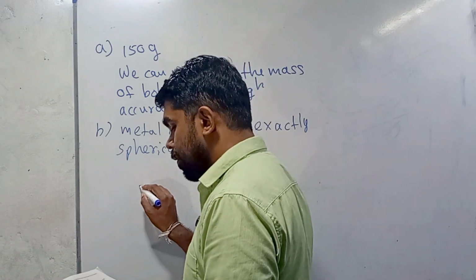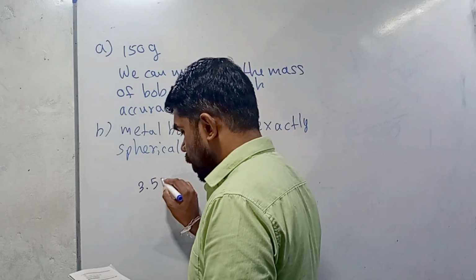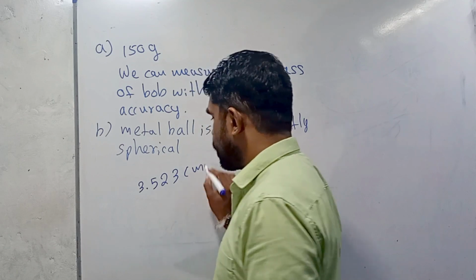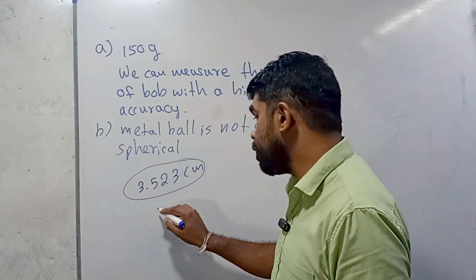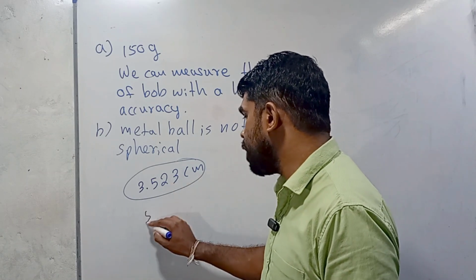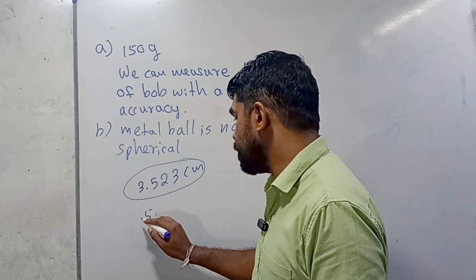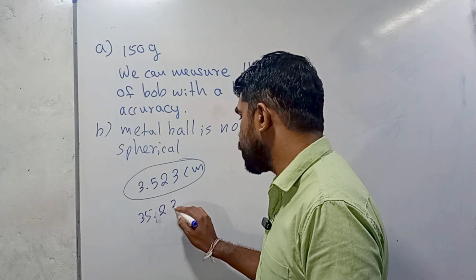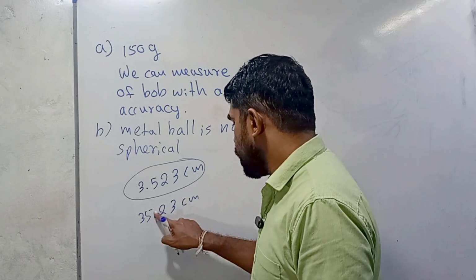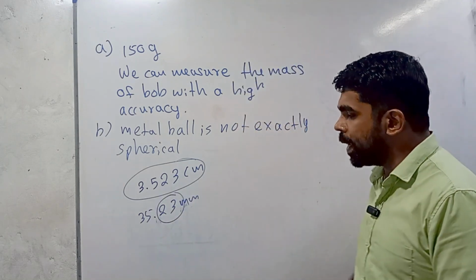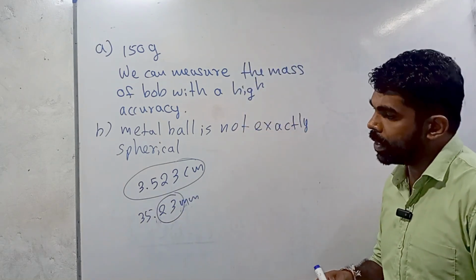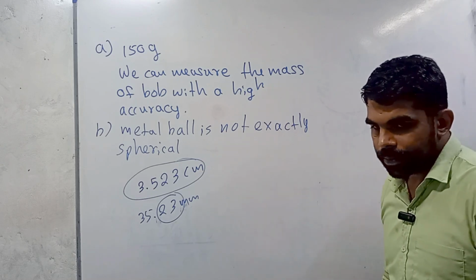If we are considering the first reading, it is this one in centimeters. If you are converting this to millimeters, we can multiply it by 10. Then we can obtain 35.23 millimeters. Therefore, we can obtain up to the second decimal place in millimeters.